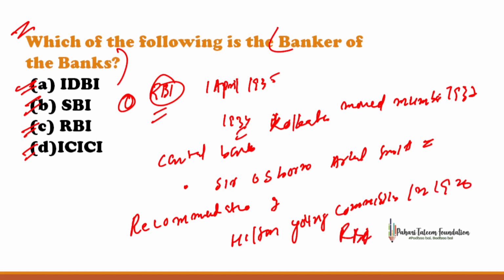Okay, so RBI was nationalized. The nationalization of RBI took place on 1st January 1949. This is a point of concern, and the examiner sometimes mentions it in the examination.